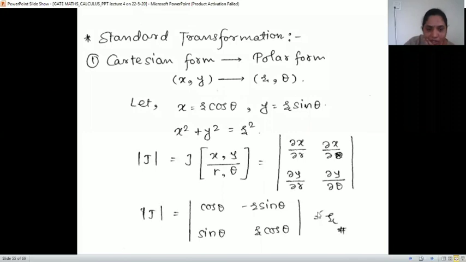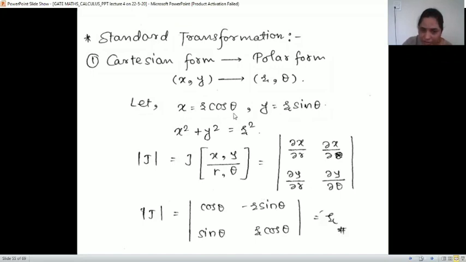So mod j is in this case always r, right? So dou x by dou r is cos theta, and if we solve all of them, it is r cos square theta plus r sin square theta, that is r. So the Jacobian is r.